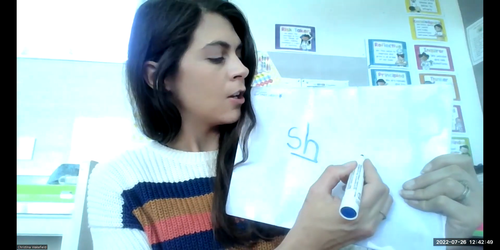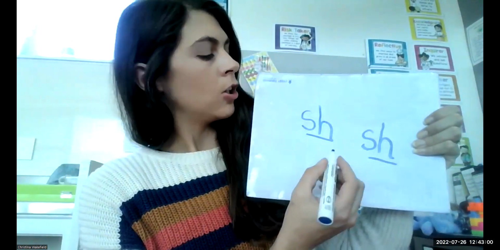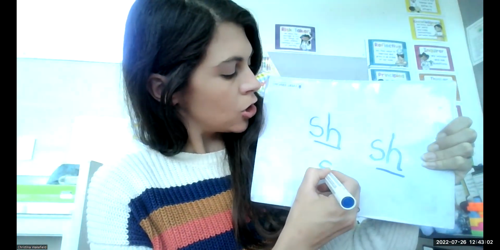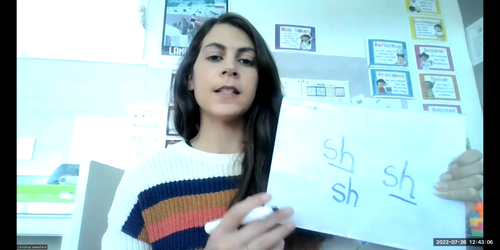And you can practice writing the digraph for me, so that you can get used to that sound. And as you do it, you can say sh. You can just say the sound as you write it. Okay, so you can just practice doing that for me.